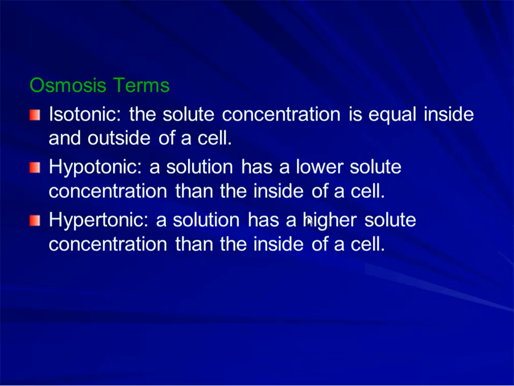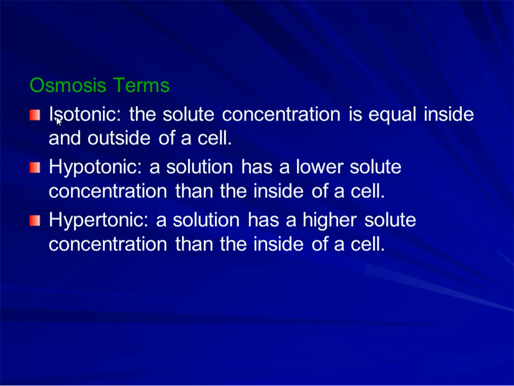Osmosis has three terms: isotonic, hypotonic, and hypertonic. Tonic means concentration. Iso means equal or same. So imagine you have chambers A and B, connected through a semi-permeable membrane.